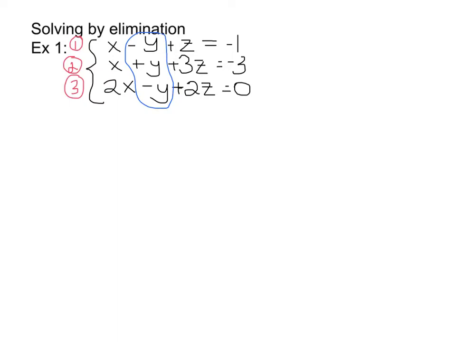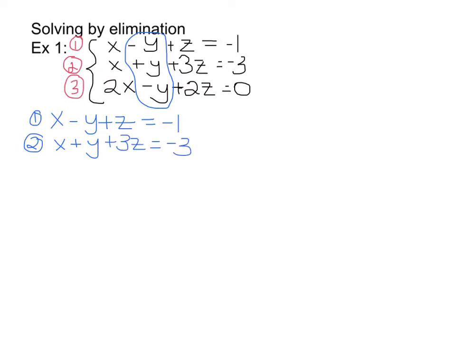So I am going to start by putting equation 1 with equation 2. The reason I am putting them together is because one has -y and the other has a +y. So I'm just going to rewrite them right next to each other. And now you are going to eliminate like normal.